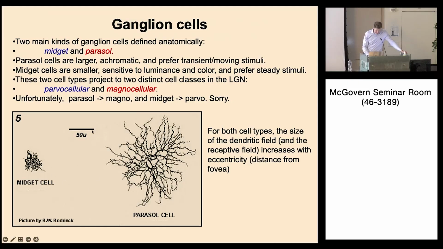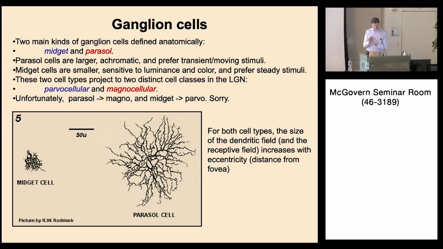So this is a picture on the bottom of the dendritic field of each type of ganglion cell. So an example of each, right? So remember the dendrites in a neuron are the place that collect input, right? So the axon provides the output of the neuron. The dendrites collect the input.